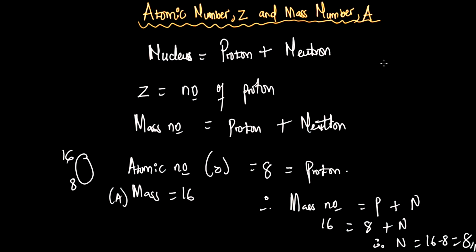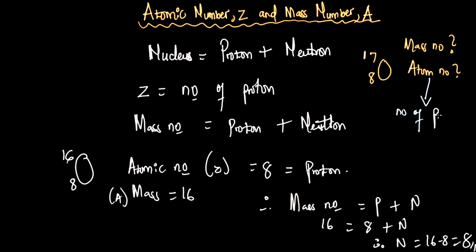So let's say we have oxygen with 8 and 17. What is the mass number and what is the atomic number? The atomic number here is the same thing as the number of protons, so the number of protons is 8. What is the mass number?